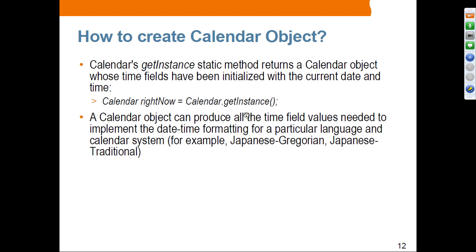Just to give you a sense of what the factory pattern is for: if you want to manage the creation of objects, maybe you want to create a number of objects initially and keep those objects in a pool, and whenever getInstance is called, you just give that object, so that you're saving the time of creating and destroying objects. That's one use case where you use the factory pattern like this. Anyway, here the Calendar class has a getInstance static method, and you get the Calendar object.